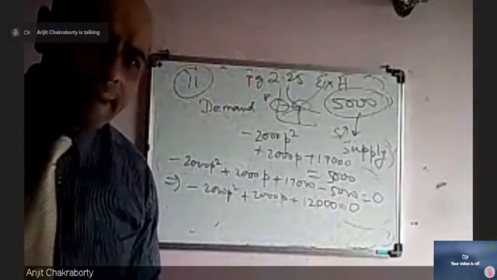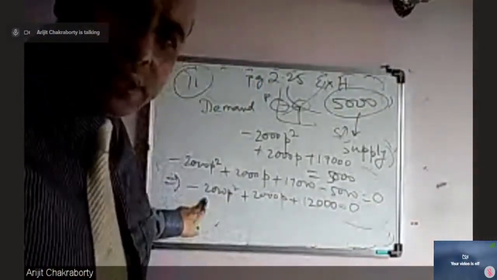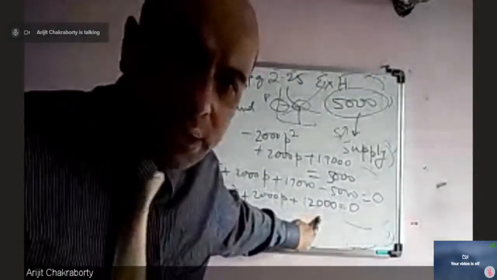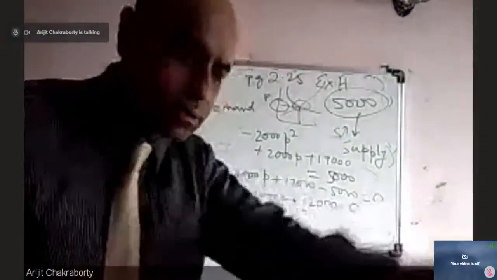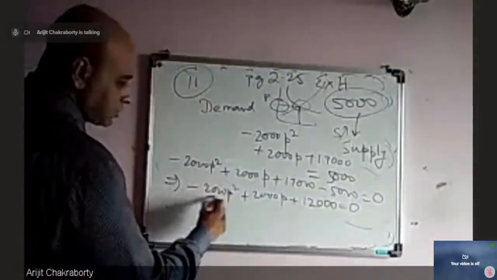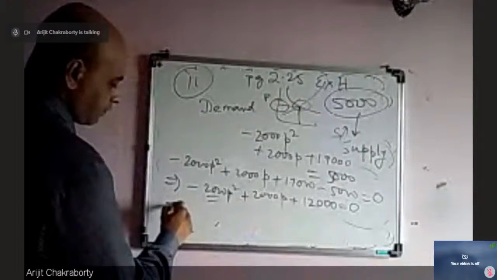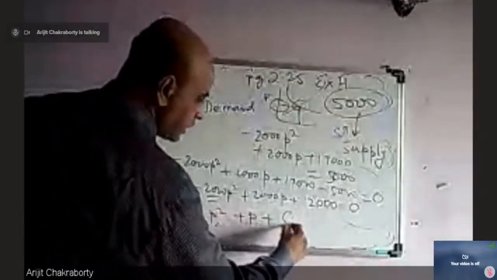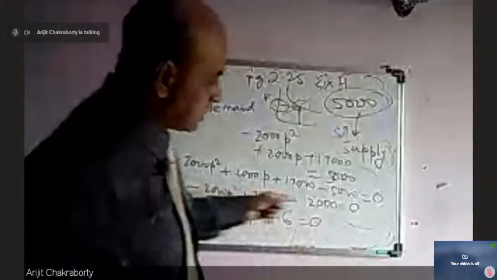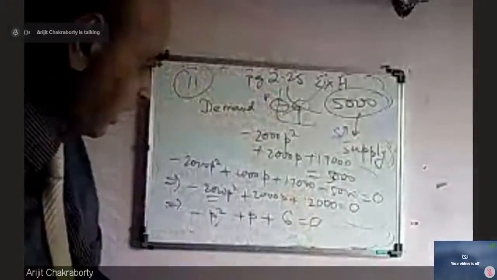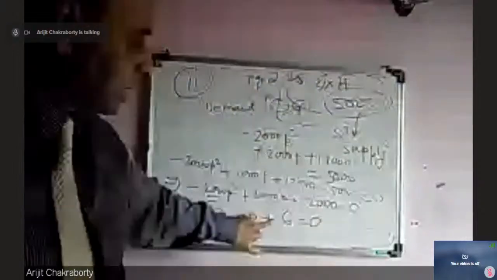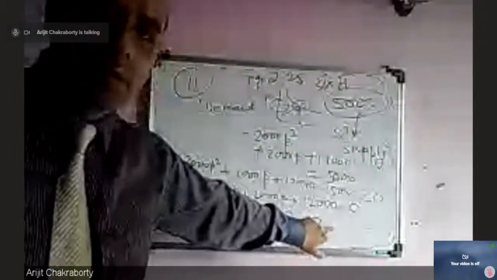Fine. 2,000 is here, 2,000 is here, 12,000. So 2,000 you can take common throughout. If I take 2,000 common, you get minus P square plus P plus 6 equal to 0, because 2,000 into 6 is 12,000. So the equation has now become minus P square plus P plus 6 equal to 0.